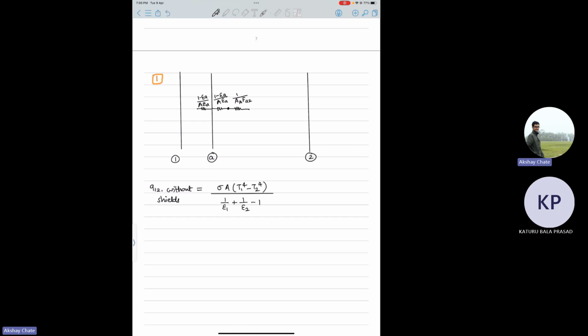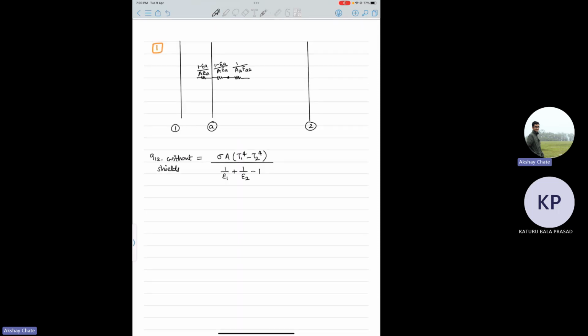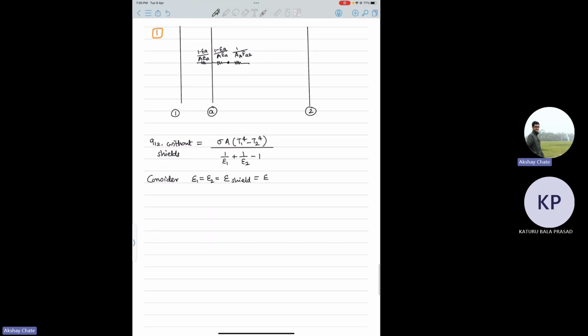Okay. So first case, consider emissivity 1, emissivity 2, and emissivity of the shield, oh sorry, not plate. The shield has the same value, which is epsilon. In that case, what happens?